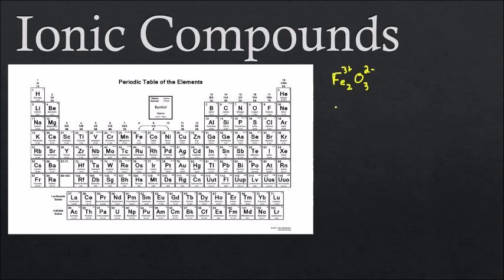Now, if we were to name this like we did the previous way, we would take iron's name, because that's the first metal, and that's the name on the periodic table. And second, we would take the name of the nonmetal, which is oxygen.